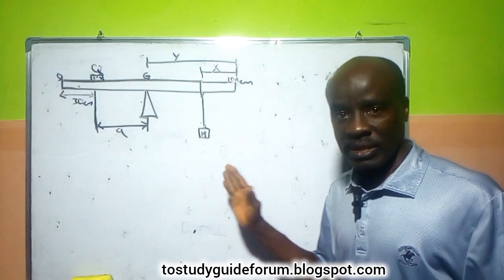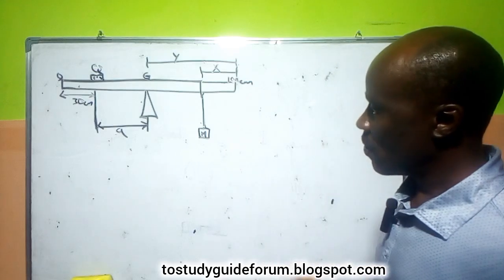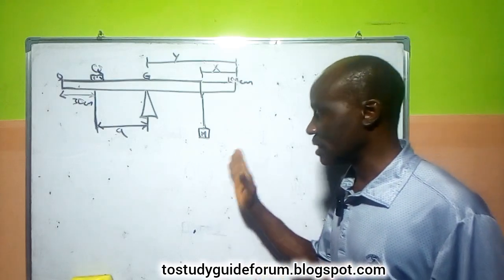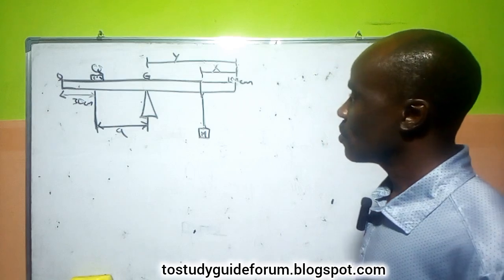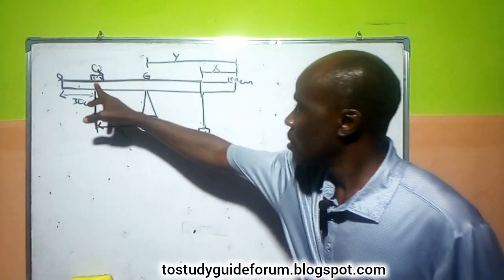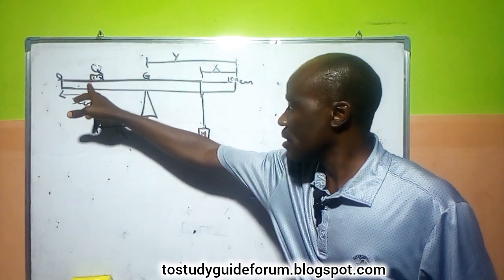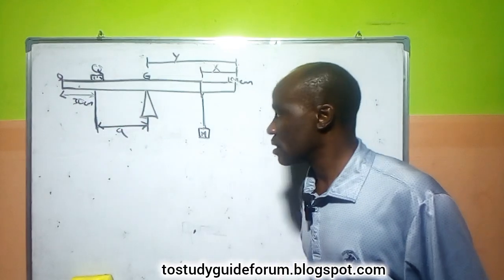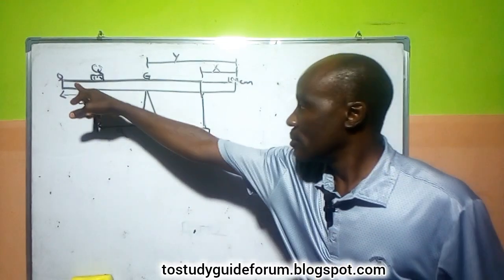This is just what I believe in my own prediction is likely to appear. So the 100 gram will be marked here, 30 cm from the zero marking.